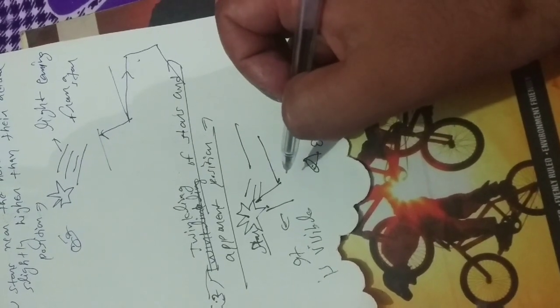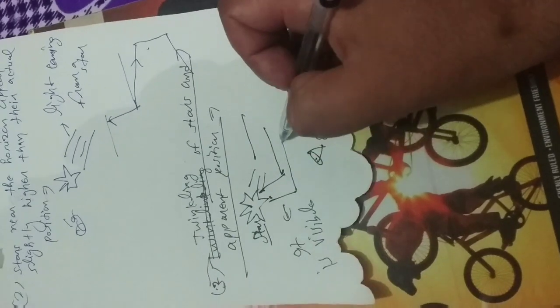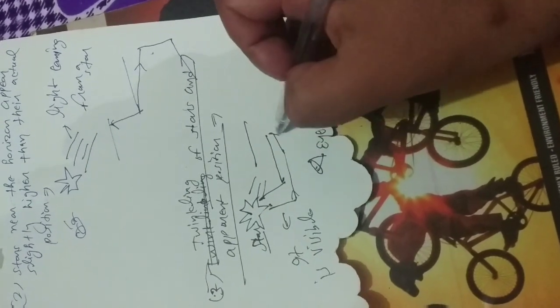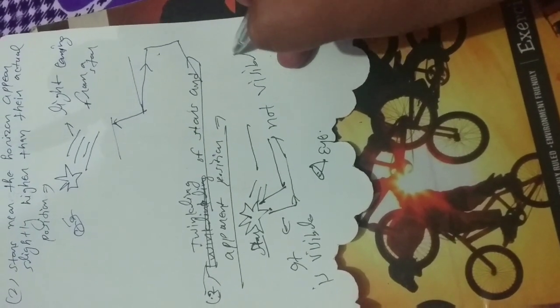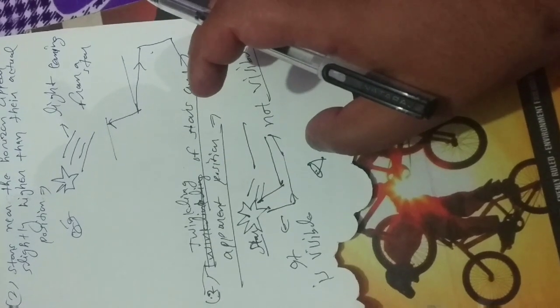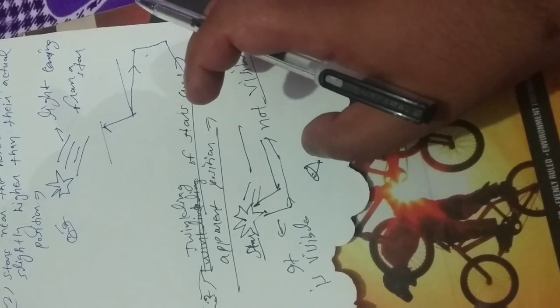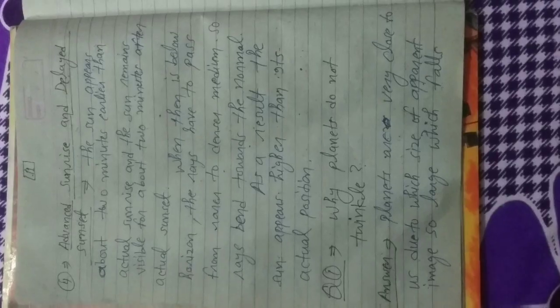And when it passes through a denser medium, it bends at an angle, so it is not visible. So the star appears to twinkle.